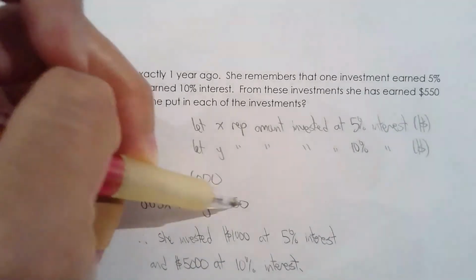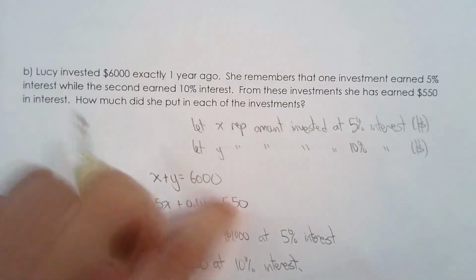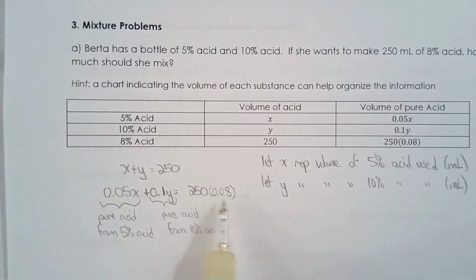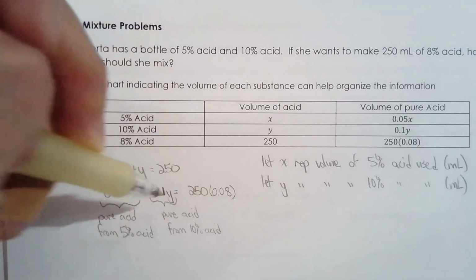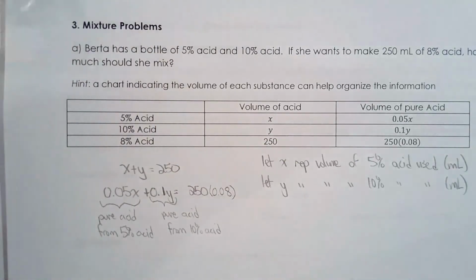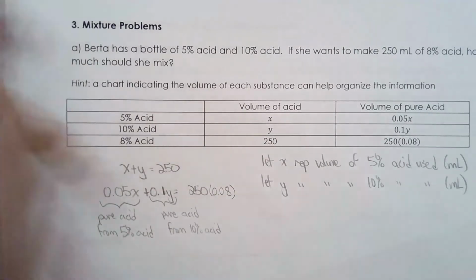The logic doesn't transfer completely over. In a mixture problem you have to take the total volume and multiply by 0.08, whereas in an investment problem, you just know what your return is. There's no need to multiply. With that said, let's find a solution to this system.